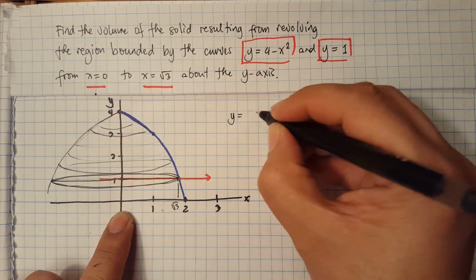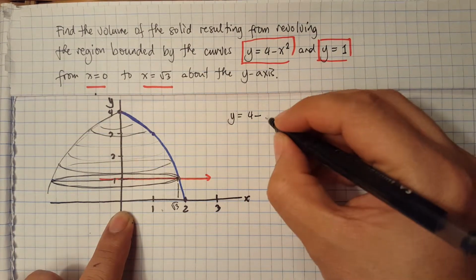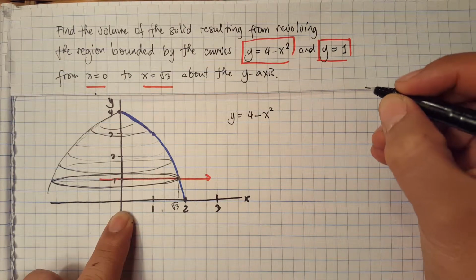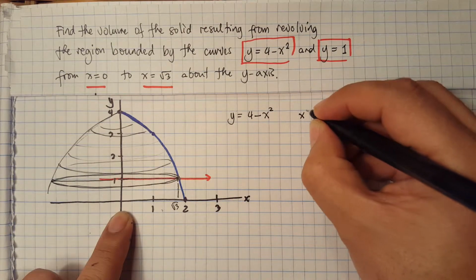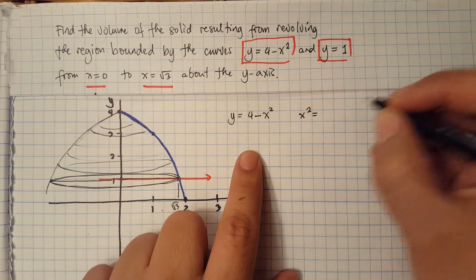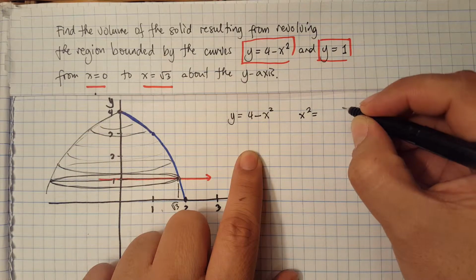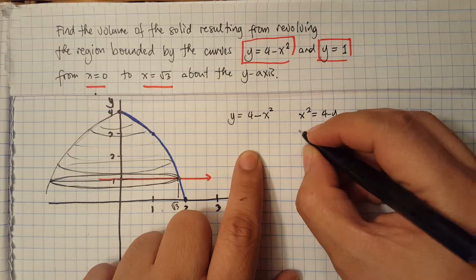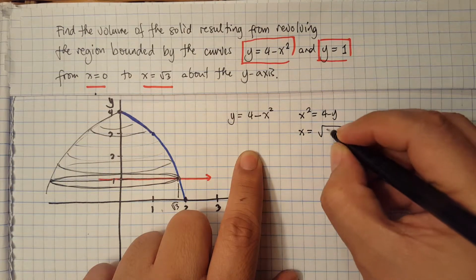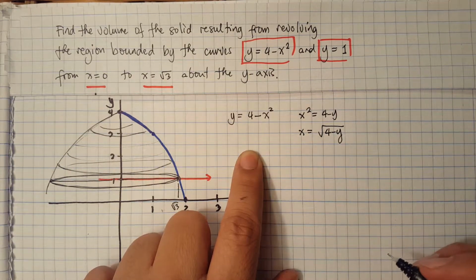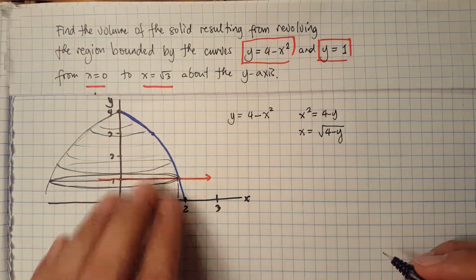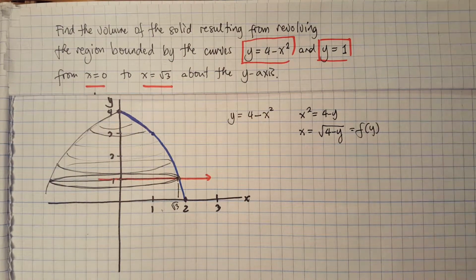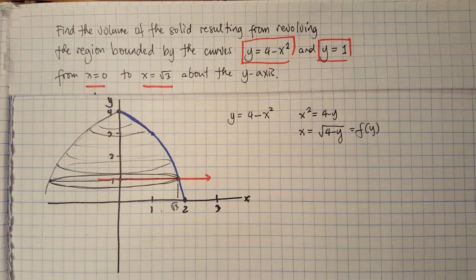Instead of y equals 4 minus x squared, we have to express this in terms of y. So x squared should be equal to 4 minus y, and I can write this as x equals square root of 4 minus y. I will only take the positive values, I'll only consider this side. Which means now I'm able to find a function of y, so we can now proceed and find the volume.